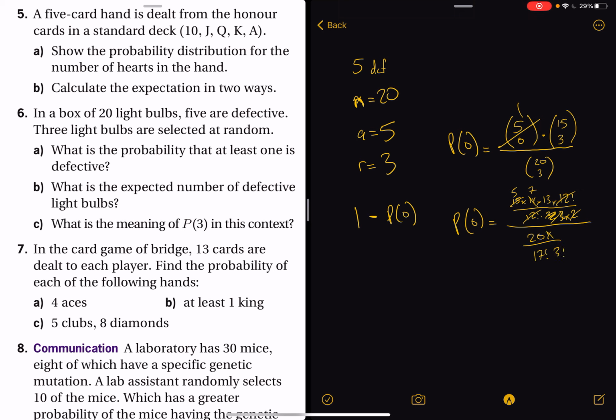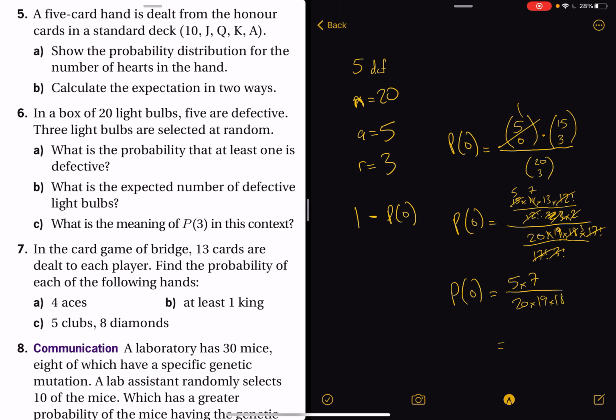So that's 20 times 19 times 18 times 17 factorial, divided by 6. So let's do it over here. I should just get a calculator, to be honest. 5 times 7 over 20 times 19 times 18.